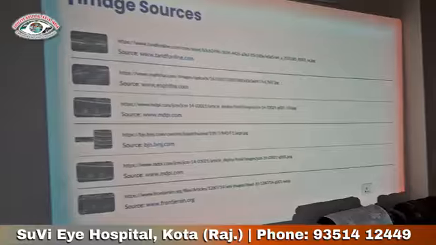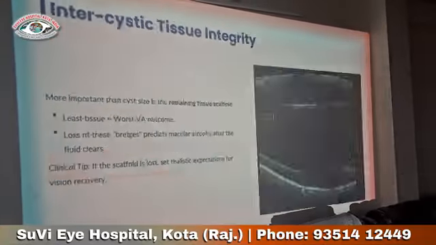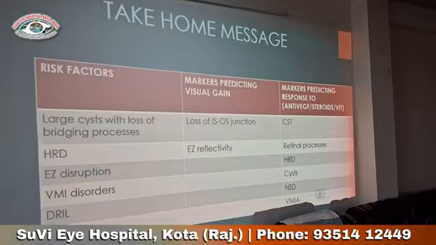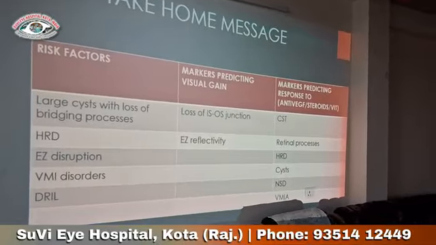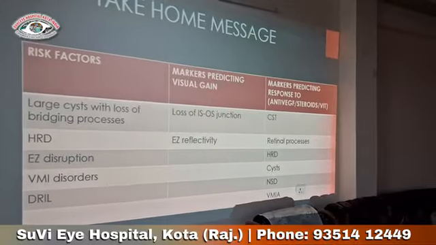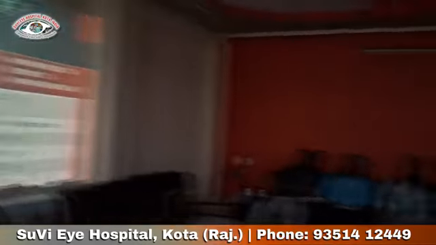So coming back to our table, in a nutshell, what are the good biomarkers and what are the biomarkers which indicate poor prognosis? Anyone, a good biomarker? One good biomarker.